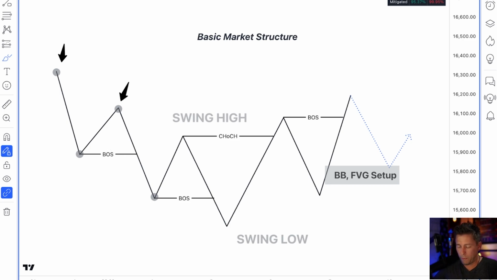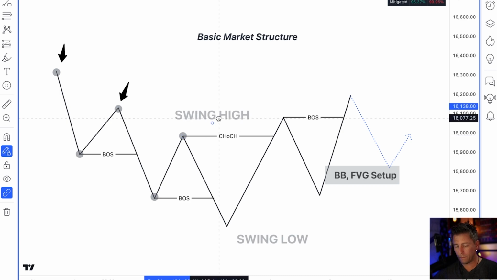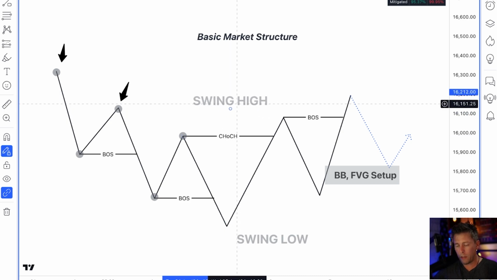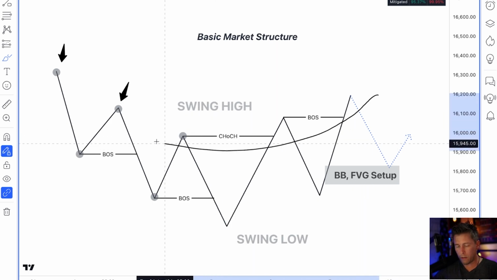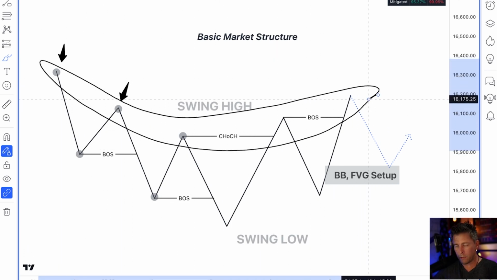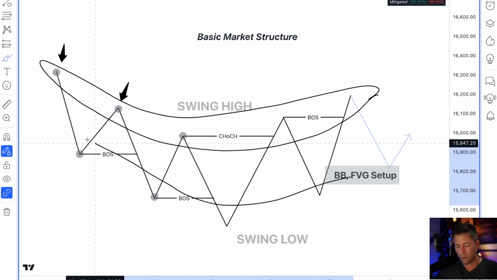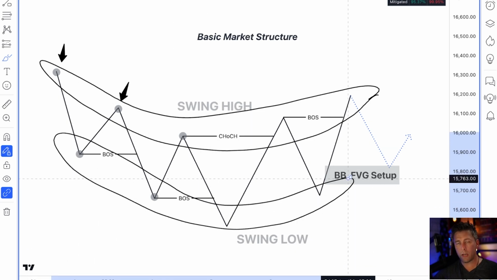Now, what happens? Well, market pulls back up, creating another lower high. Now, how do we know that this is a lower high? And by the way, these are all swing highs. All of these on the outside of price are swing highs. These are your swing lows. So anything on the outside are your swing highs and swing lows.